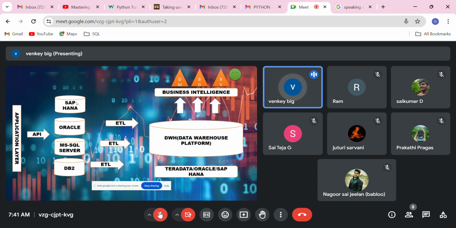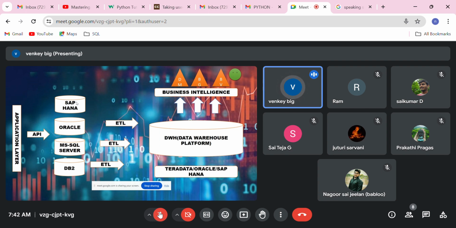We have data in multiple different OLTP systems, and we use extract transform load to build the data warehouse system. This data warehouse will be further utilized for analytics, and analytics will help in decision making. Decision making will help in business growth, and business growth will add business value. At the end of the day, it's money. So understand the flow.